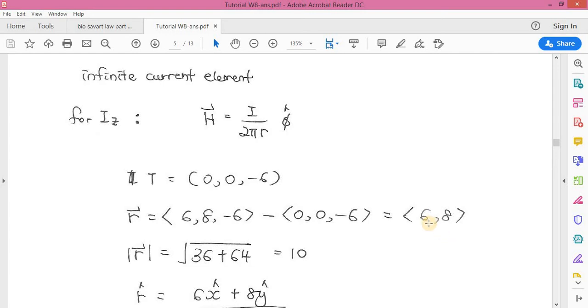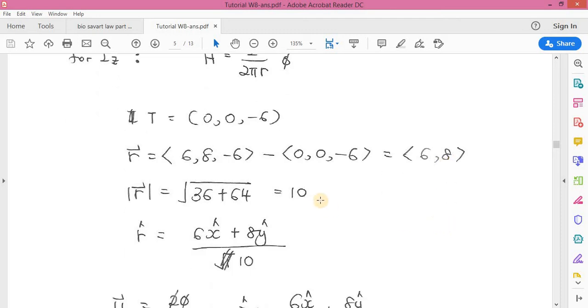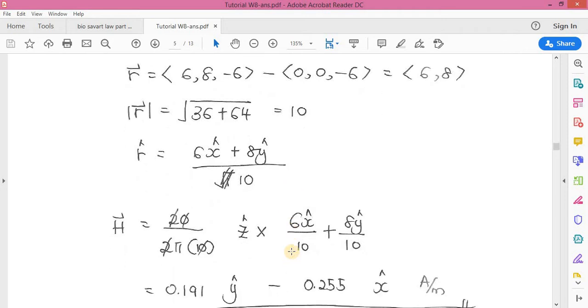This stands for 6x and 8y. Next you find its magnitude and also the unit vector r. Next is to replace all the values that you know into the equations. You have the I, you have the R from here, and this one is the direction of the current flow in the positive Z direction, cross product with the unit vector r.